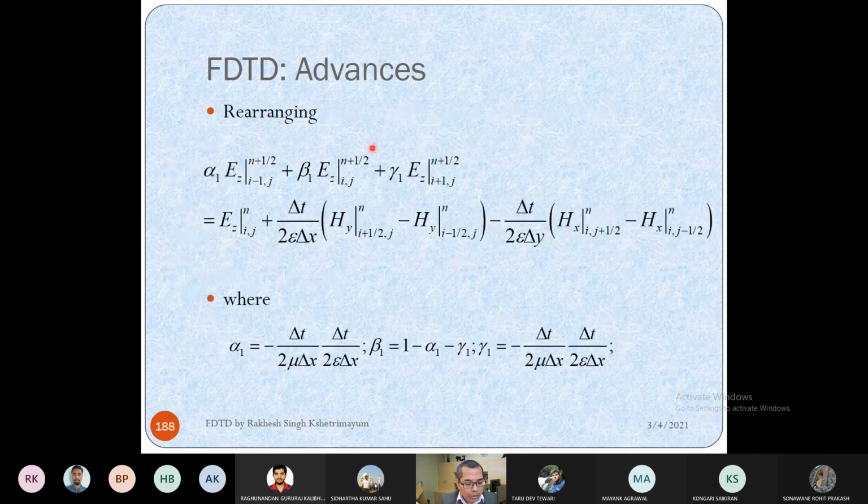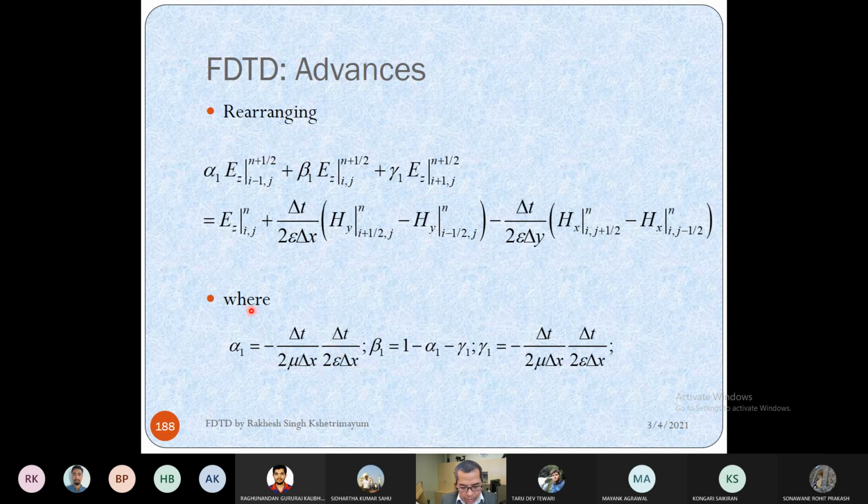Then you can write it in a very compact equation like alpha 1 Ez at i minus 1 comma j, n plus half, plus beta 1 Ez at i comma j, n plus half, plus gamma 1 Ez at i plus 1 comma j, n plus half. What you can observe here is that these constants alpha 1, beta 1 and gamma 1 are different. Alpha 1 is defined like this, minus delta t by 2 mu delta x, delta t by 2 epsilon delta x.